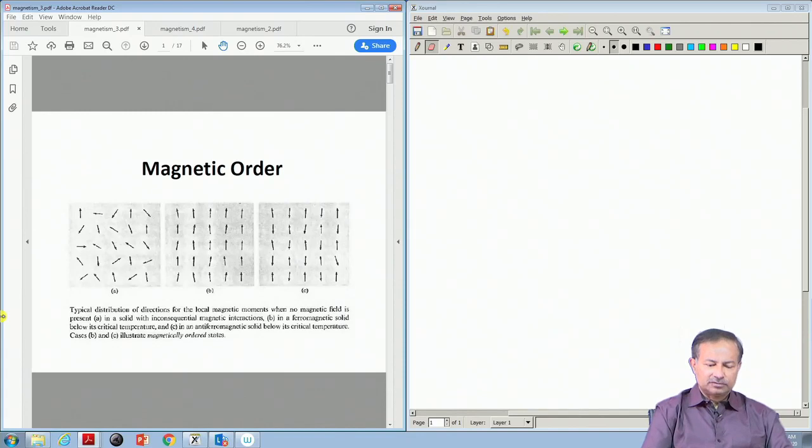One has to find out how the competition between the field's propensity to align magnetic moments and temperature's role as a randomizer plays out, and what the outcome is.